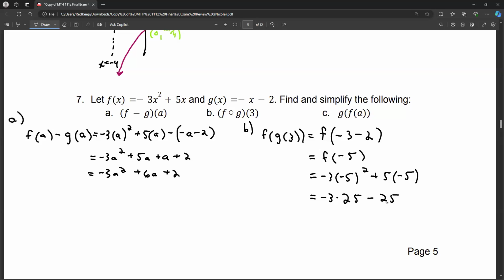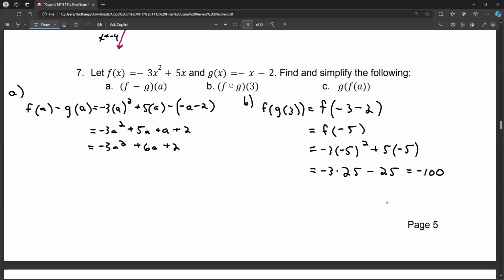Cool. So we see negative 3 times 25. That's equal to negative 75. Actually, I'll go ahead and put the result over here. So again, we had negative 75 minus 25. And it's just negative 100. Perfect. Okay, so I think I left a little room here for part C.